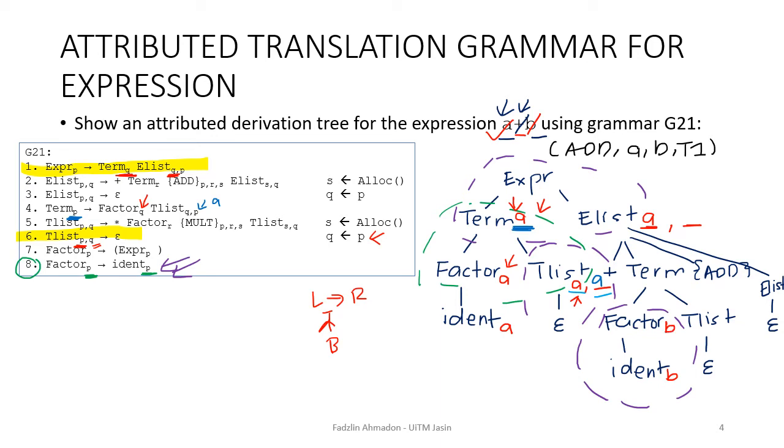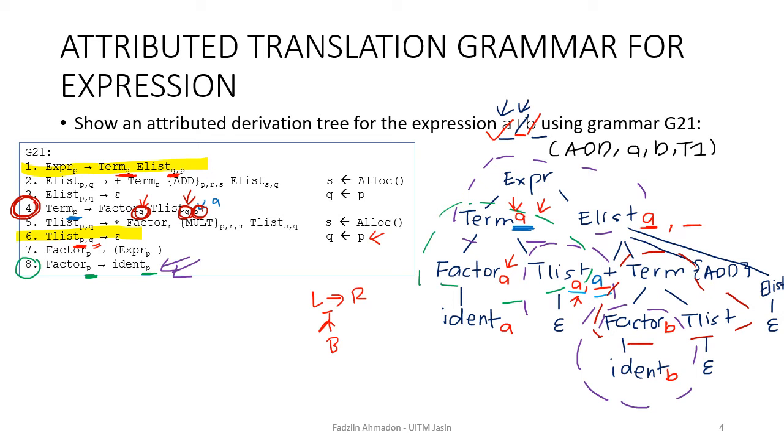Okay, moving up, let's look at this particular rule, which is term can be derived to factor T-list. So this is an implementation of rule 4. So from this rule, we already know the attribute of Q. And we meet Q again as the first attribute of T-list.